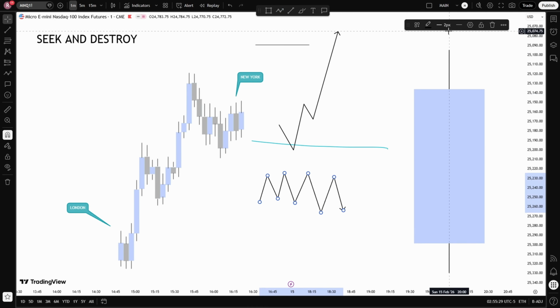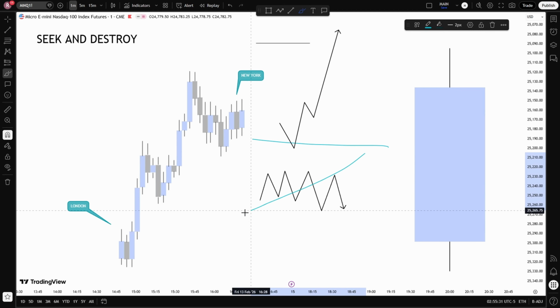In that situation, I'm not expecting clean continuation. I'm expecting rotation, consolidation, and potentially more seek and destroy type behavior. Because of that, this is typically where I will avoid looking for trades altogether. If the expansion already happened during London, I don't want to force something in New York just because it's the New York session.